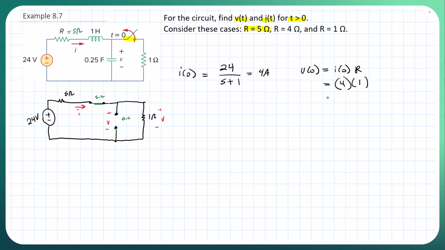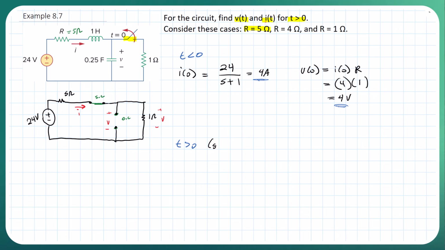So we get 4 volts. So we just determined our initial current and our initial voltage. Now, this is for t less than 0. Let's look at t greater than 0.